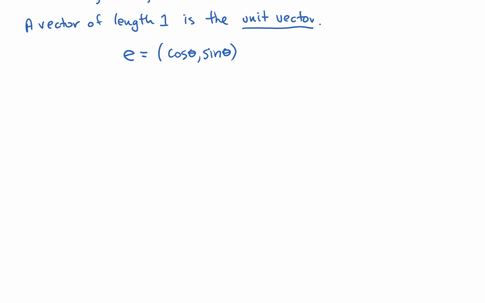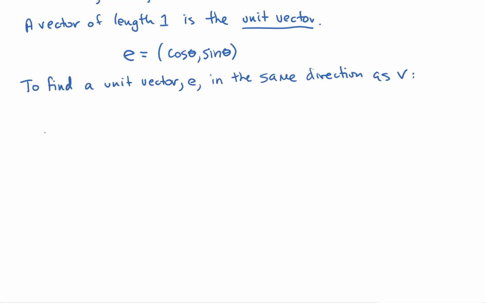And to find a unit vector E that's in the same direction as another vector V, we can use this formula. So the E vector will be the V vector divided by the length of the V vector. That will force it to have a length of 1.